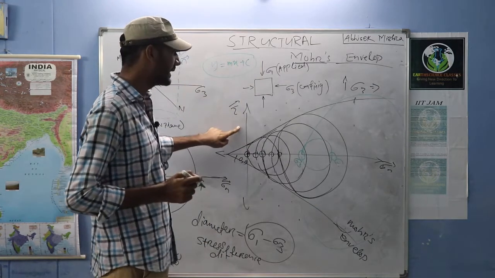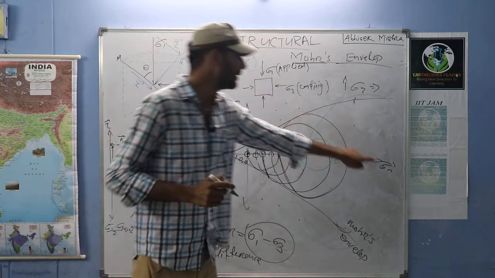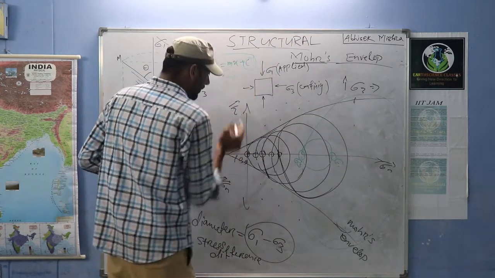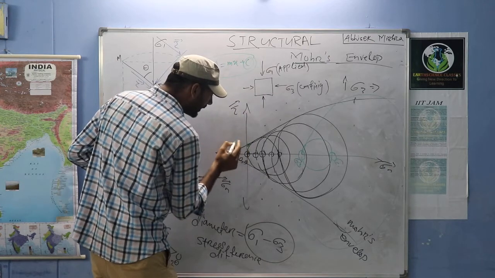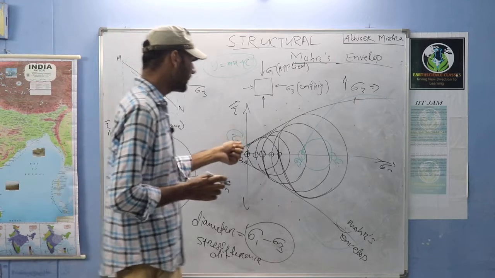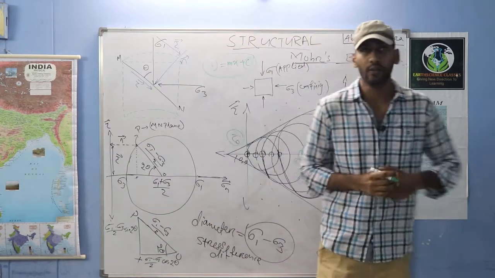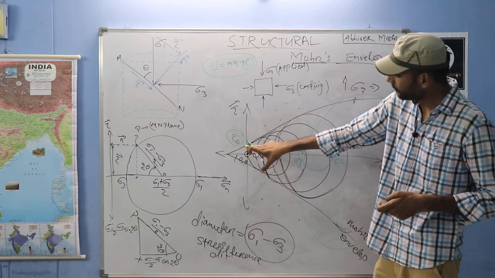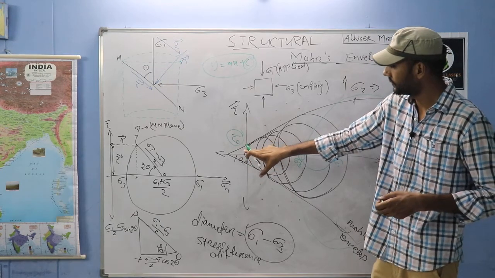Here y is tau, x is sigma n, then what is c? For c, this point will give you c, which is represented as tau naught.